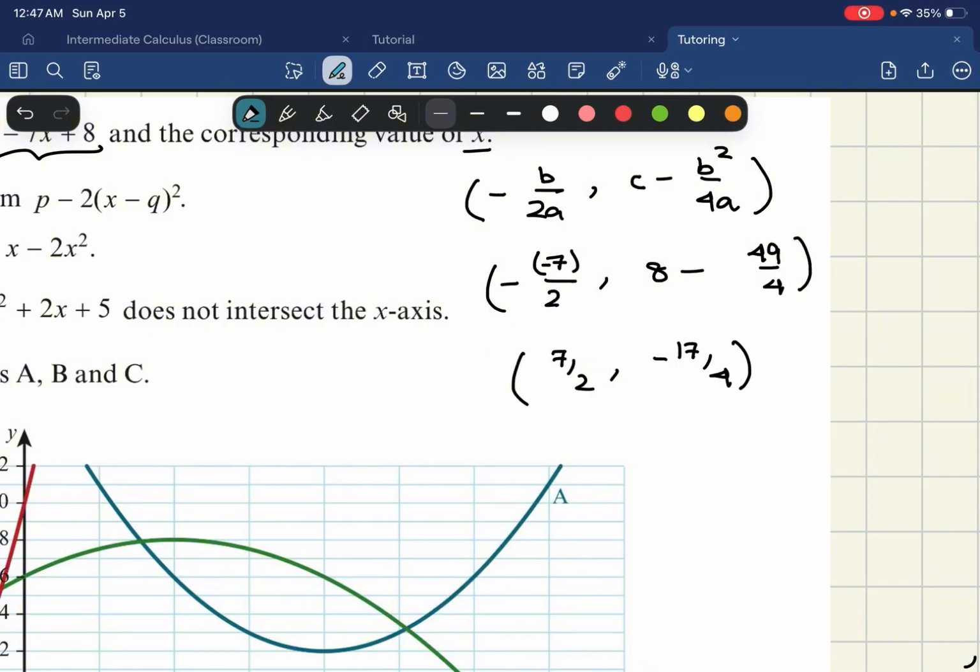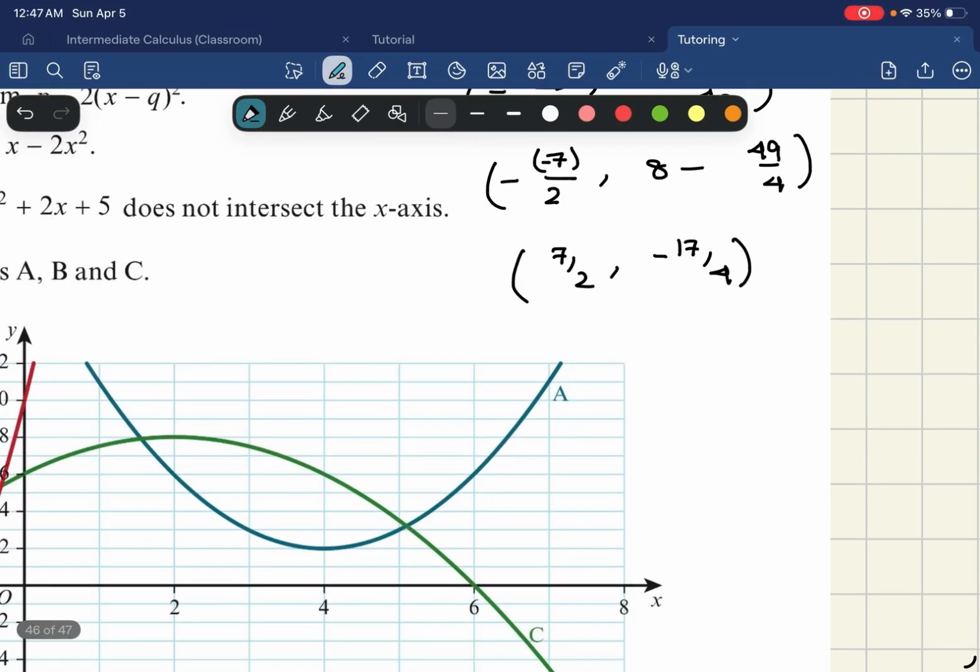And another way to write it as a mixed fraction would be 3 and a half, right? So 7 over 2 is 3.5, which is 3 and a half. And I believe that is 4 and 1 by 4. Yeah.